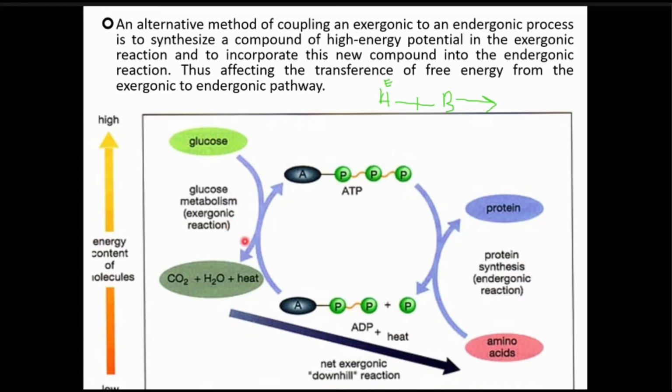You see glucose as a reactant. You remember A, this is an example of A, and this is an example of B, the product. So A will be converted into B. When glucose is oxidized, at the end we end up with carbon dioxide, water, and heat. What about the energy that is in the glucose?